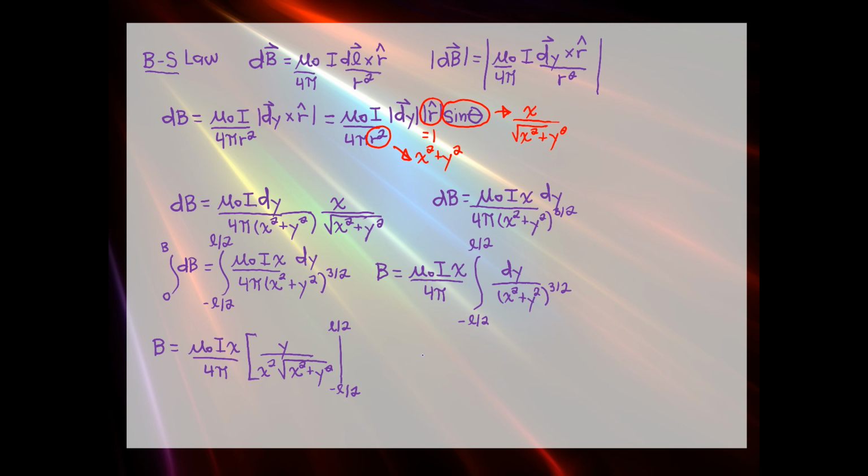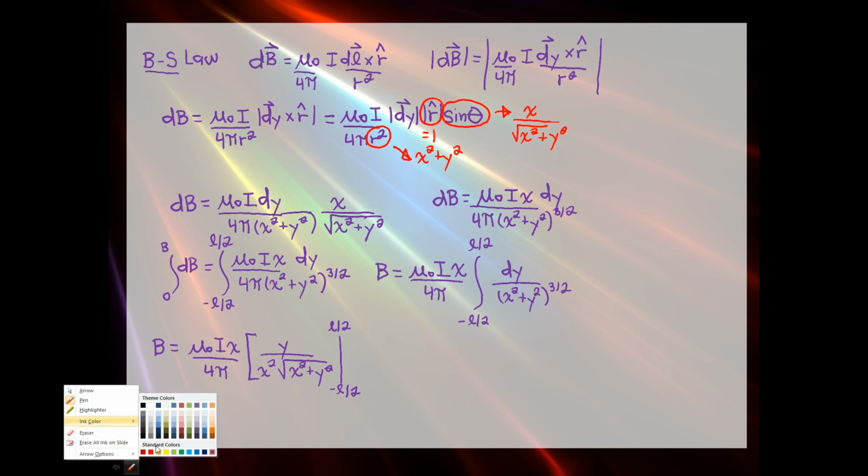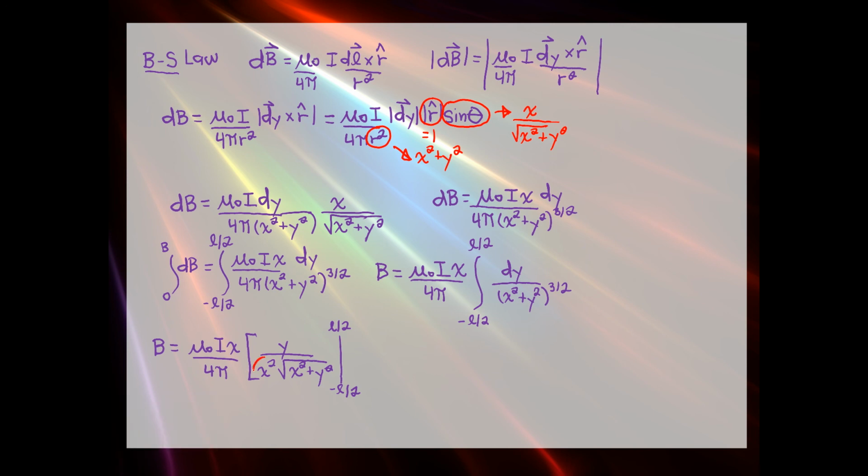Okay, so let's see here what we can do. So the x can be pulled out of the evaluation of the integral because it's a constant. Okay, let's move this out.